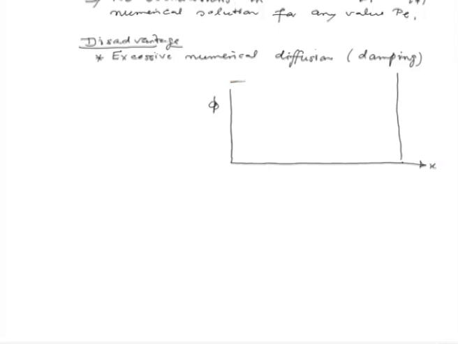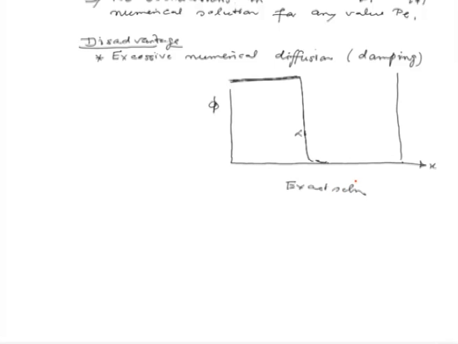The sharp front, suppose it has a constant value up to a certain point, then suddenly takes a jump and the values go to 0. So this is our so-called exact solution.